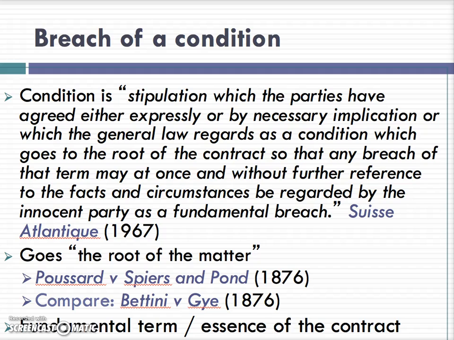When we look at what a condition is, Poussard is a great case to juxtapose to another case called Bettini and Guy. In Poussard, Mrs. Poussard had contracted with Spires and Pond, who ran an opera, to perform in their opera for a period of 3 months.